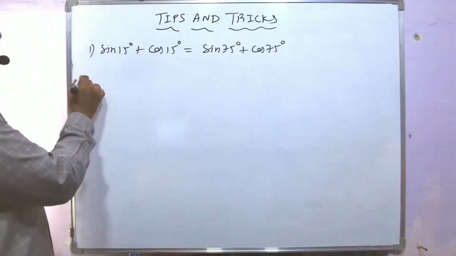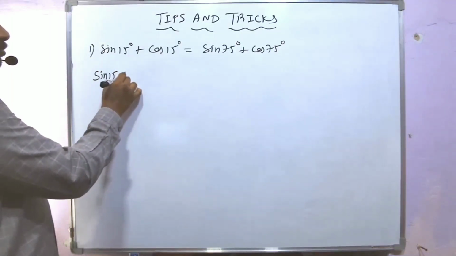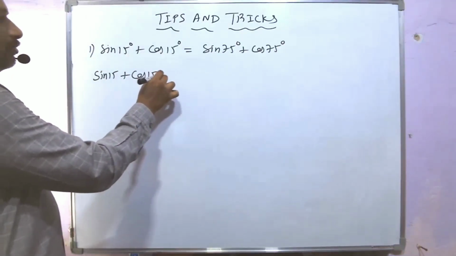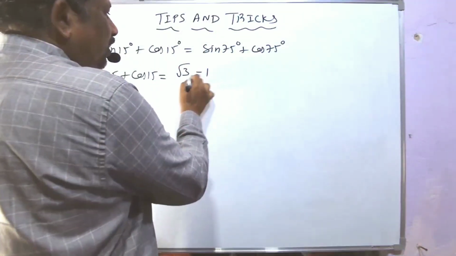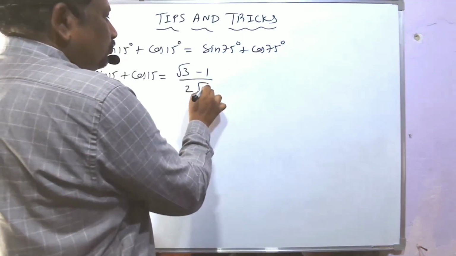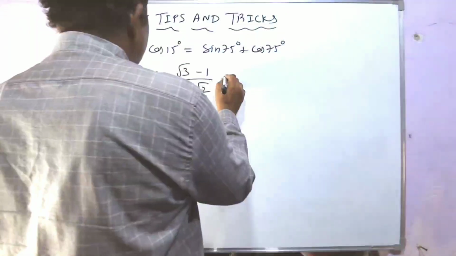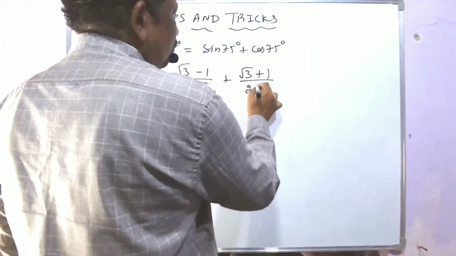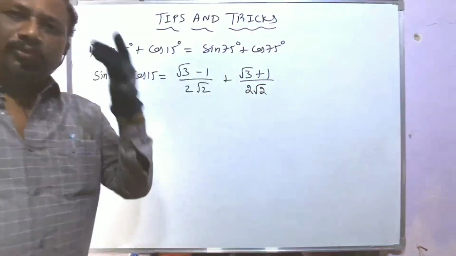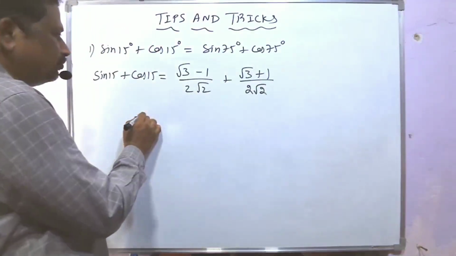So what is the sin 15? Sin 15 plus cos 15. Sin 15 means root 3 minus 1 by 2 root 2. Cos 15 value is root 3 plus 1 by 2 root 2. So take LCM and add both. So what do we get here?